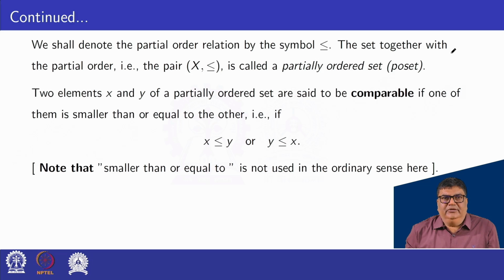This set together with the partial order relation, that is the pair X and less or equal to, is called a partial order set or poset.